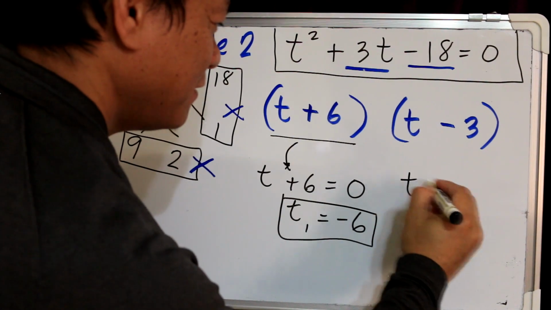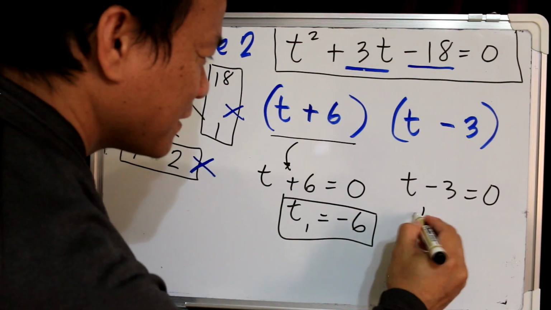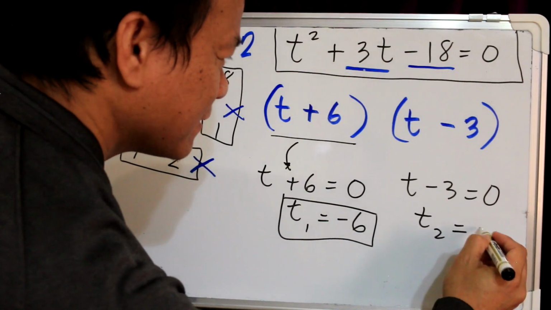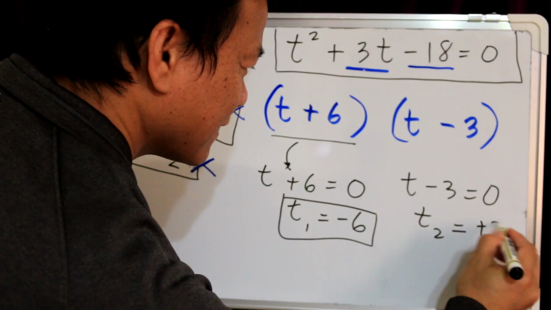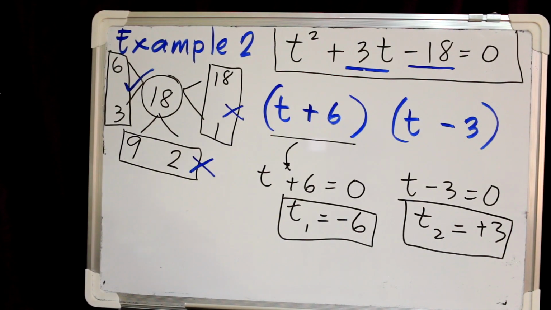And you have t minus 3 equals 0. Therefore, t sub 2 equals plus 3. Easy stuff, right? Okay, let's do example number 3.